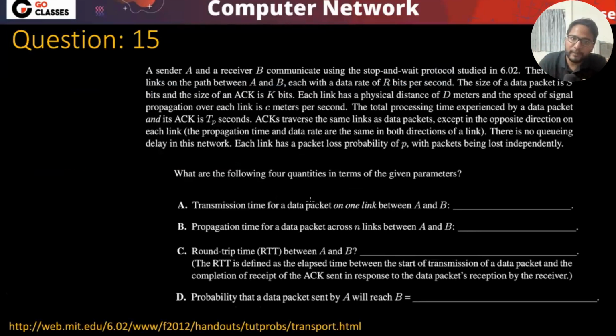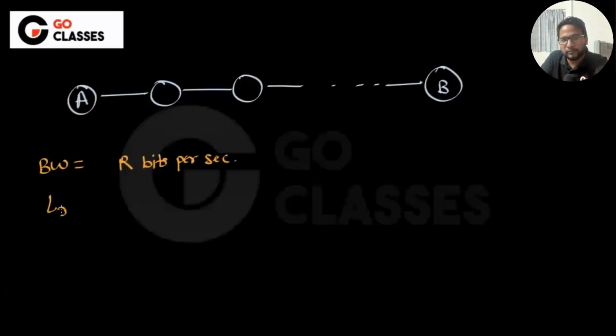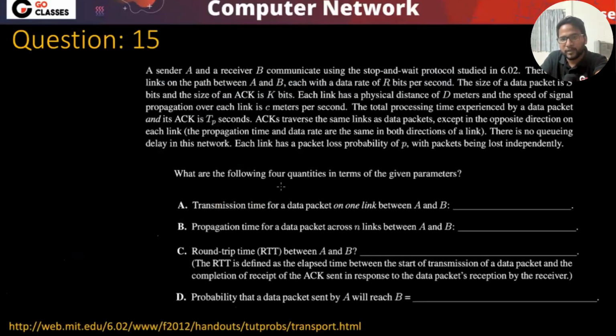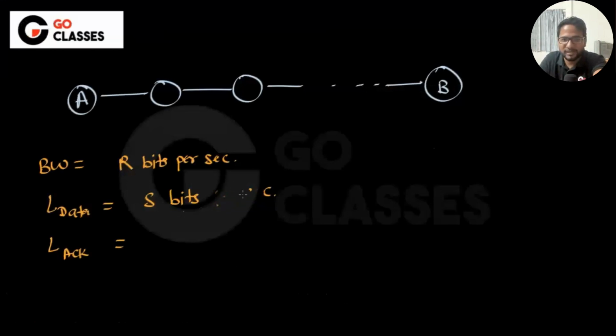The size of the data packet is s bits and the size of the acknowledgement is k bits. So they have given the length of data as s bits, and the length of acknowledgement is also given to you, which is k bits.